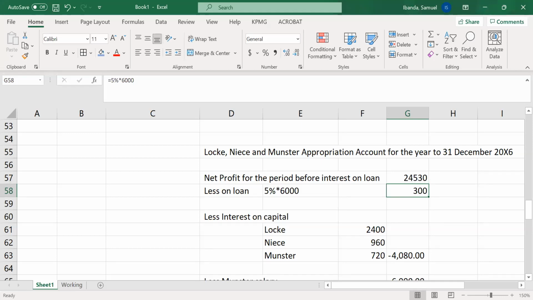So it is $300, which is our interest. So we are first removing it from our profits before we can appropriate them. Okay, so that's important.